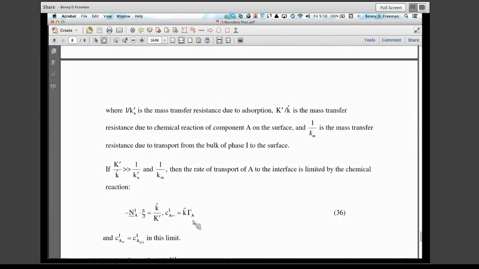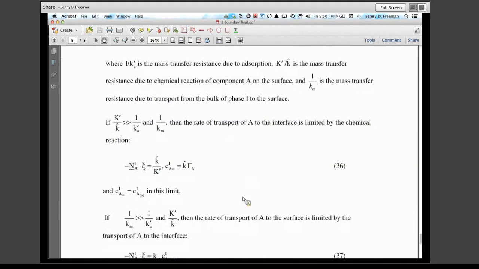And this concentration, gamma A, can be determined from the thermodynamic modeling earlier that relates gamma A to Ca infinity.